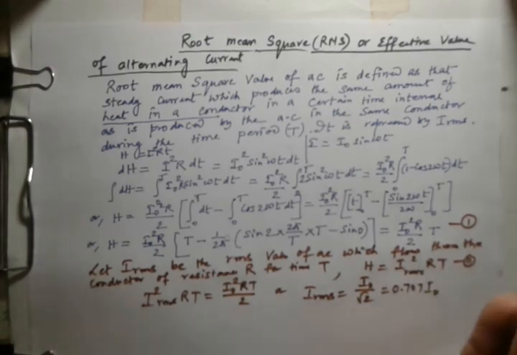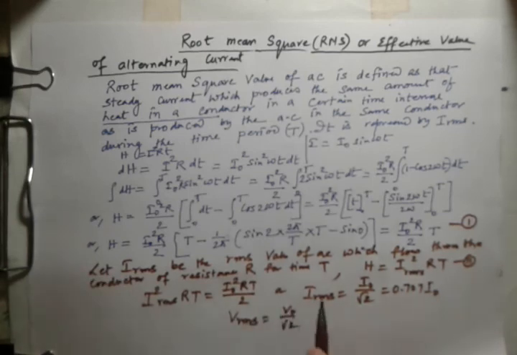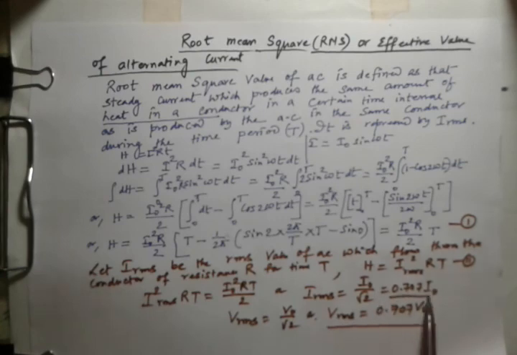So same thing for voltage also, you'll get V RMS is equal to V naught by root 2, or 0.707 V naught. So these two things you remember: I RMS is equal to I naught by root 2 and V RMS is equal to V naught by root 2.